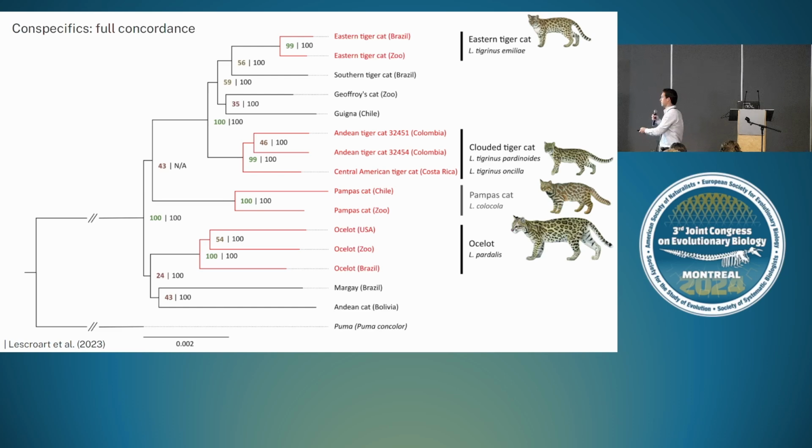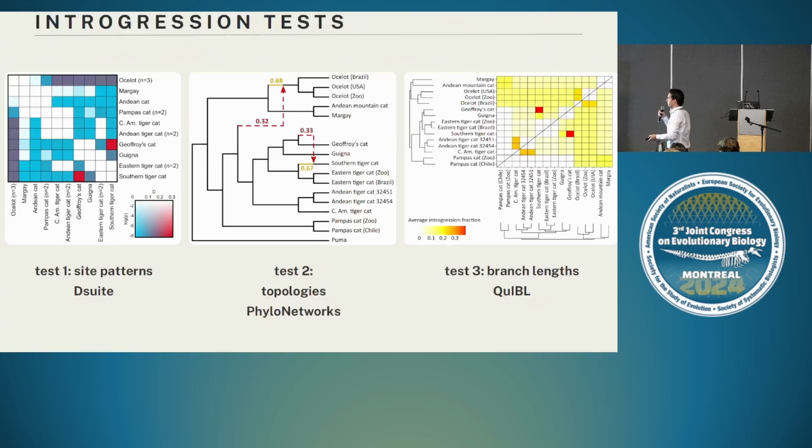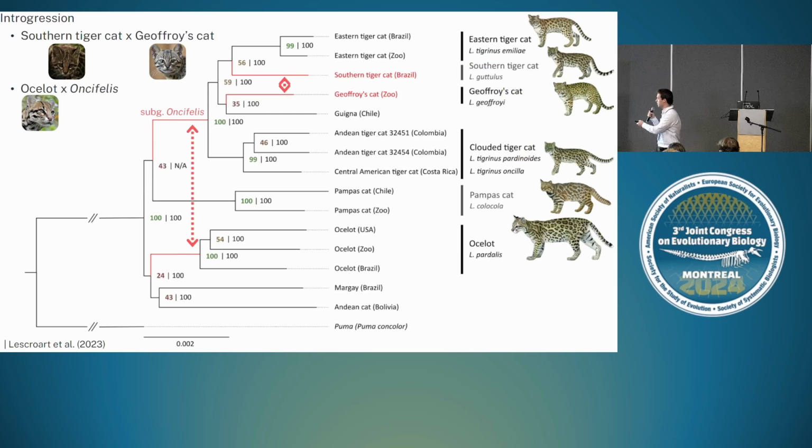So that's what we did, and I've used 3 different tests for introgression, one based on site patterns with D-suite, one based on topologies with phylogenetic networks, and then on distribution of branch lengths throughout the genome with QuIBL. And they show a consistent result, which is introgression between the southern tiger cat and the Geoffroy's cat, which we actually knew about from an ongoing hybrid zone in the south of Brazil, and introgression between ocelots and this subgenus Oncifelis.